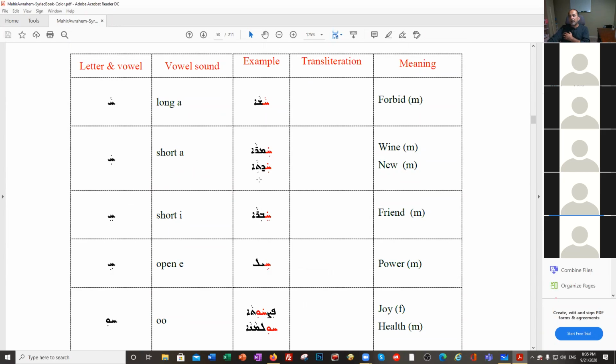Second word, khatha. Short i, he, or kh, khawra. Okay, probably in Telkepe it says khawra, not kh, but originally it should be kh, khawra.